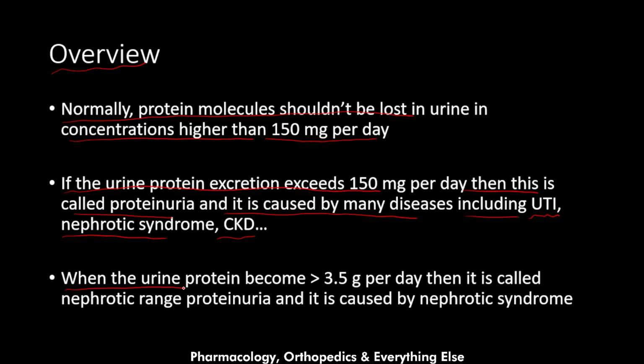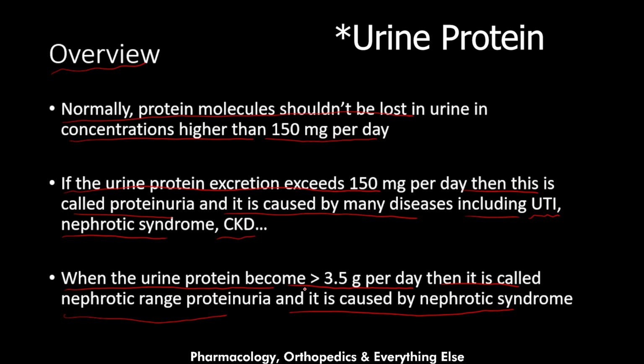And when the urine protein becomes more than 3.5 grams per day, then it is called nephrotic range proteinuria, and it is caused by nephrotic syndrome. So to be called nephrotic syndrome, the proteinuria should be higher than 3.5 grams.